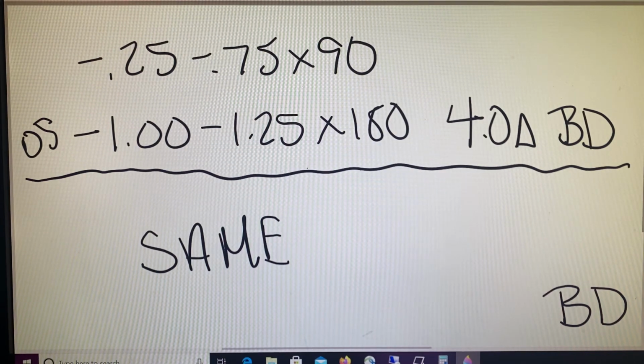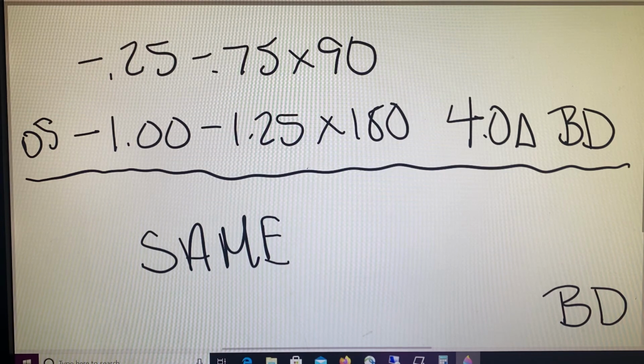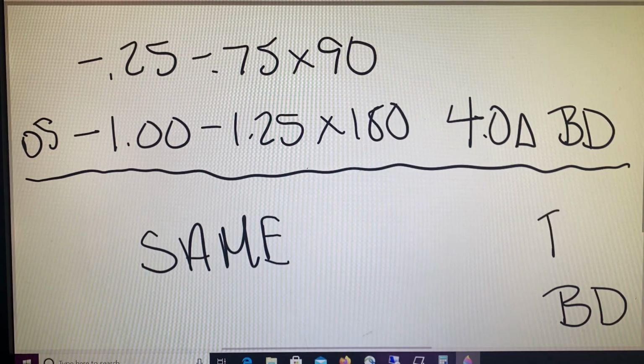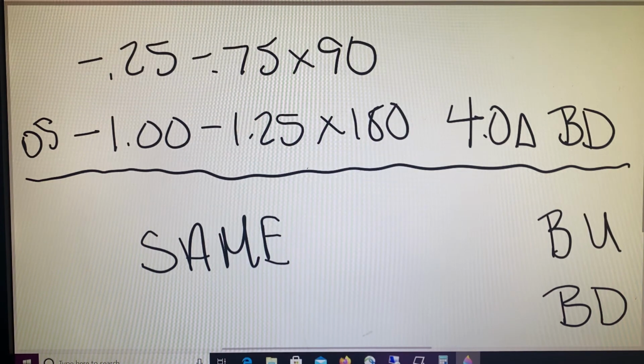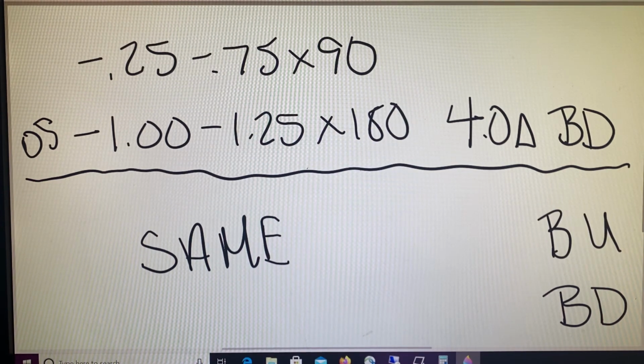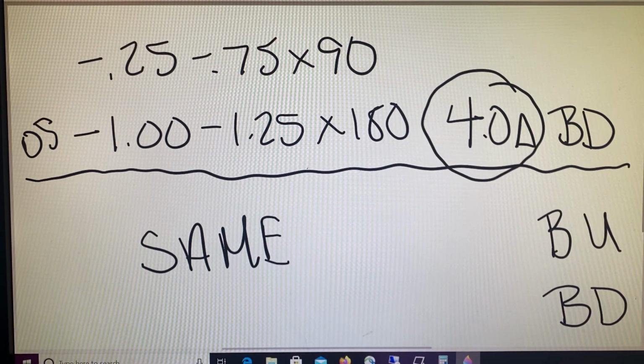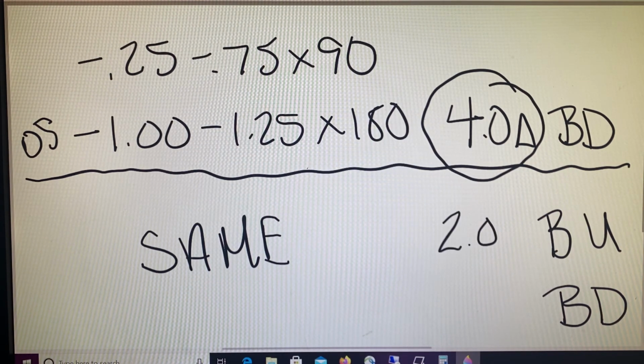So we do need base down in the left. We need that compounding direction for the right eye, so we would do base up in the right side, and then we're just going to take that prism diopters of 4, and we need to split that between our right and left side.